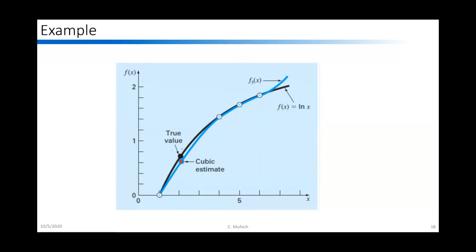What you'll see is we get quite close to our true value. That blue line gets even closer to the true values when the distance between our data points is relatively small. So the distance between our x1 point and our x2 point is big, and that's where we see the biggest error.